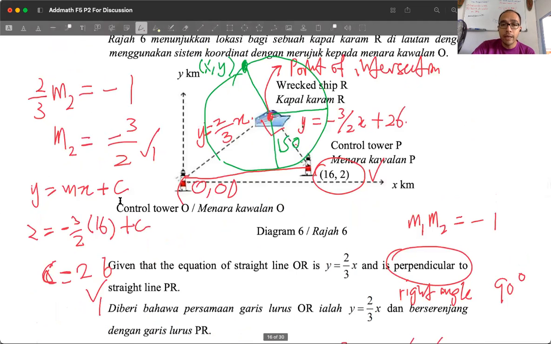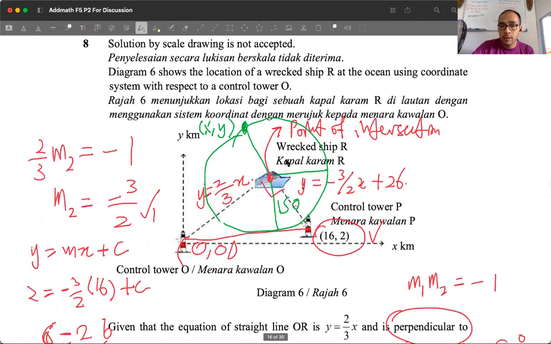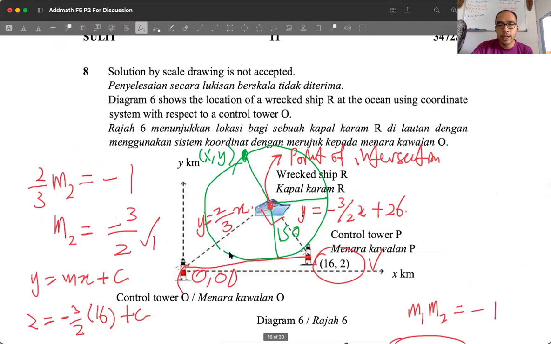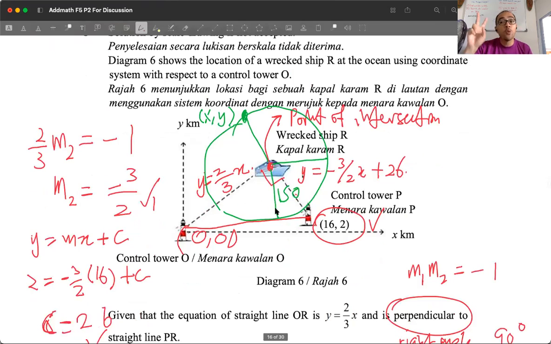Okay, and if you notice, this question, kalau saya tidak letak ini kapal karam, ini control tower, ini control P, kan, dia adalah basically a normal question tau. Cuma, the only difference is, dia letak dalam situasi harian, di mana ada kapal karam. Okay, but actually the question kan kalau saya buat dalam bentuk koordinat biasa, it is the same thing.